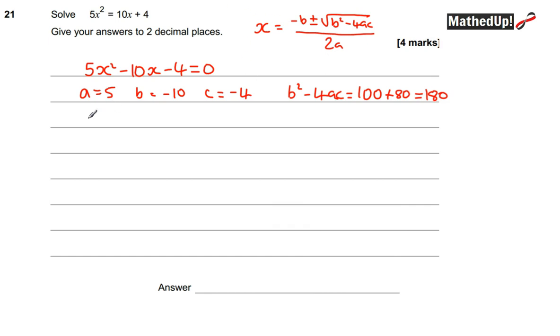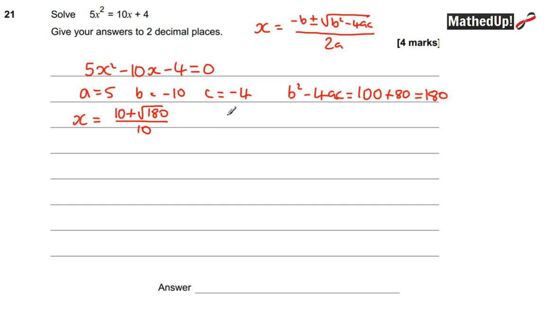Okay, so I can now write down my quadratic formula, and I'm going to do it twice, once with a plus and once with a subtract. So I'm going to start by saying, well, x is equal to negative b, so that's a negative of negative 10, which is 10, plus the square root of b squared take away 4ac, which I've already worked out as 180, divided by 2 times a, which is 10.